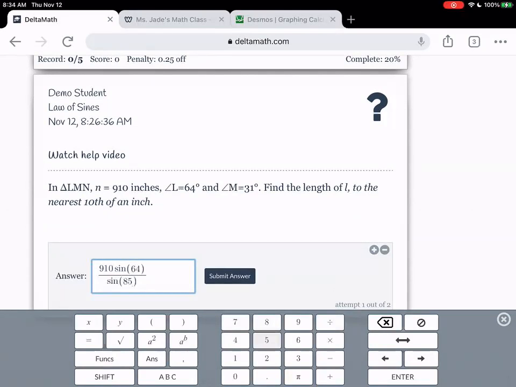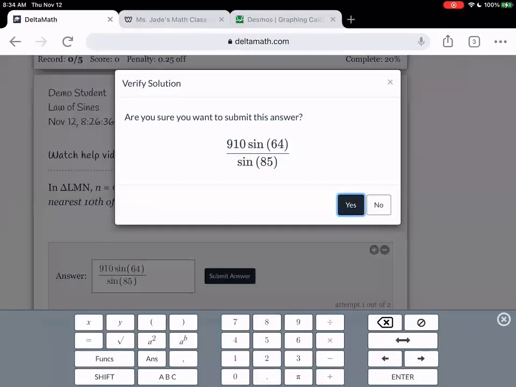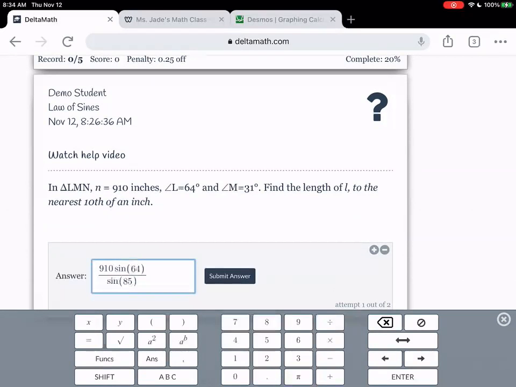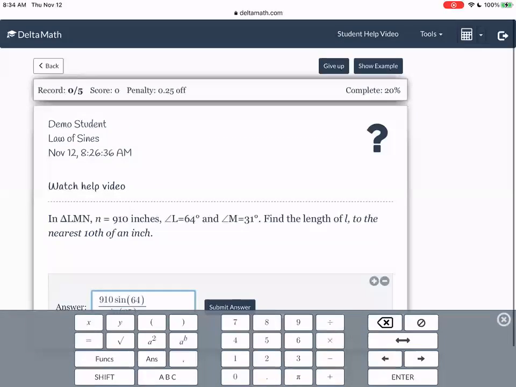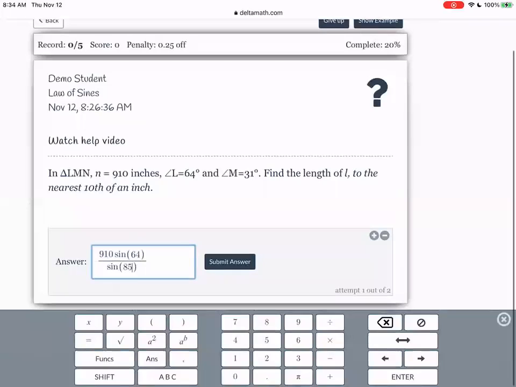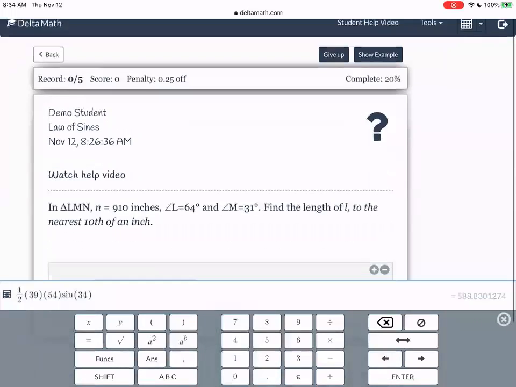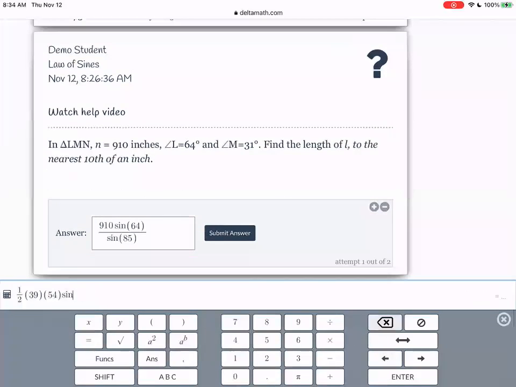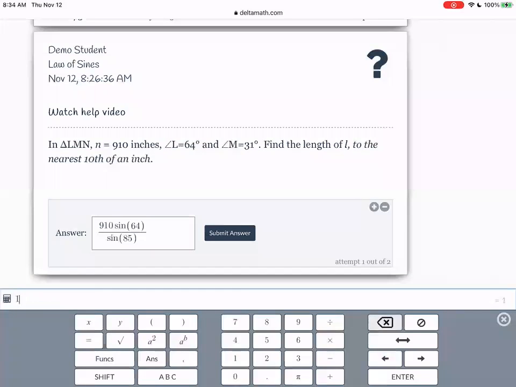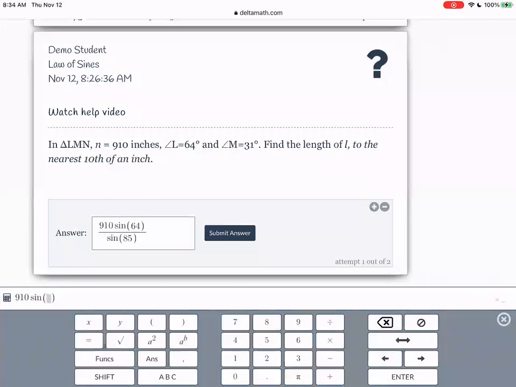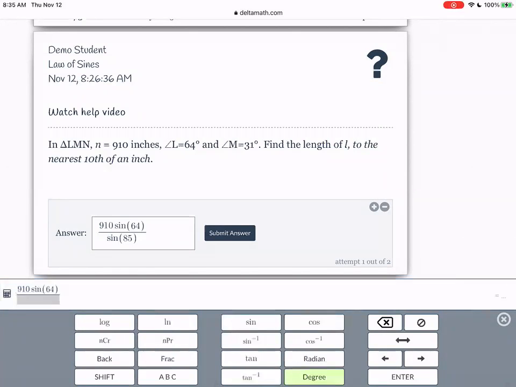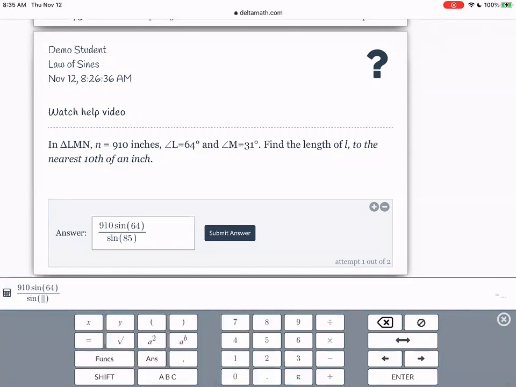Oh, I meant to type that in the calculator. I thought this was the calculator. Okay, type the calculator. 910 times sine of 64 divided by sine of 85.